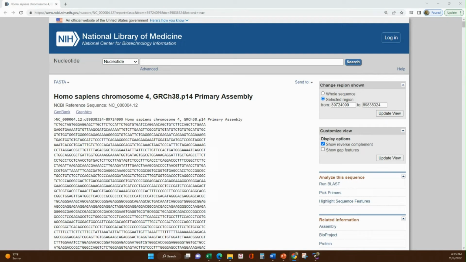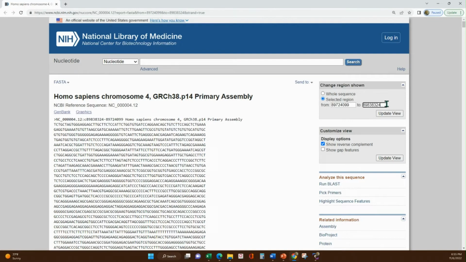Nowadays, we have genetic databases that we can rely on to find these genes. This is the NCBI website for the National Institutes of Health. And you can look up just about any gene that has been sequenced out there on this website. So here we're looking at our particular alpha-synuclein gene. It's in Homo sapiens chromosome 4.